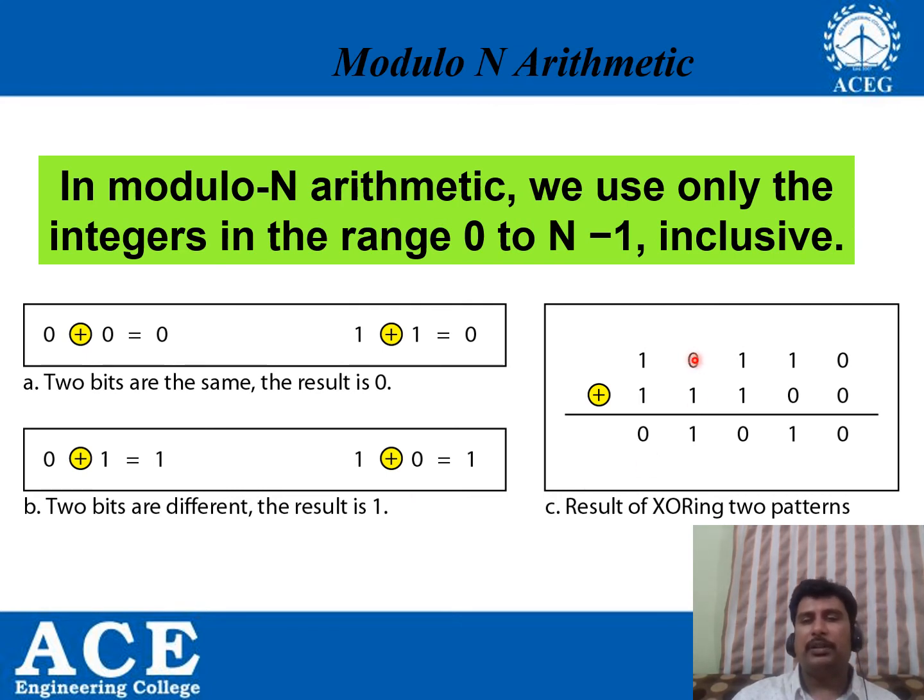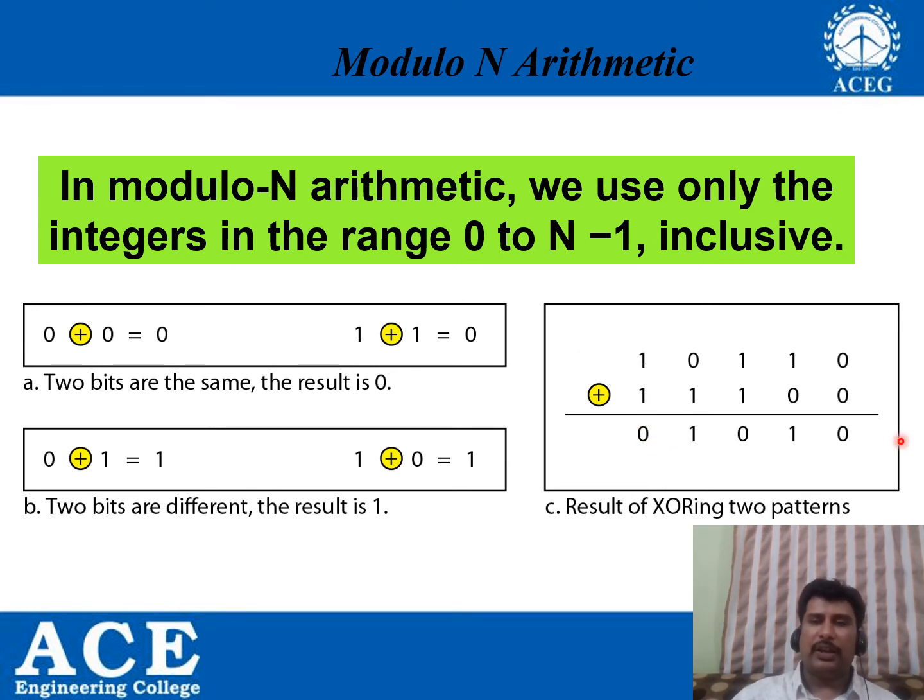Let us take a simple example where the first value is 10110 and the second value is 11100, and we are trying to do the modulo 2 addition of it. Following the rules, first we start with 0 and 0. 0 exclusive OR 0 is 0, 1 exclusive OR 0 is 1, 1 exclusive OR 1 is 0, 0 exclusive OR 1 is 1, and 1 exclusive OR 1 is 0.